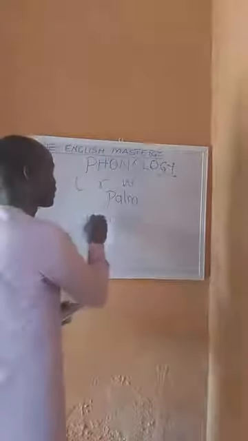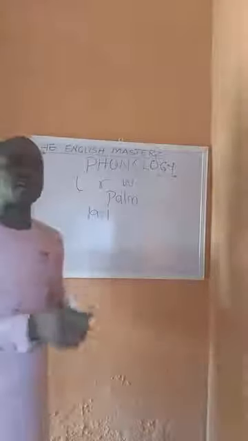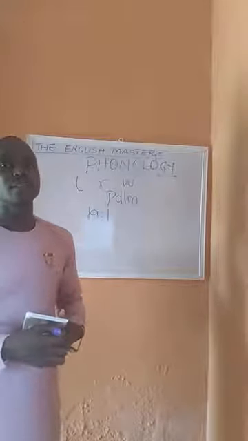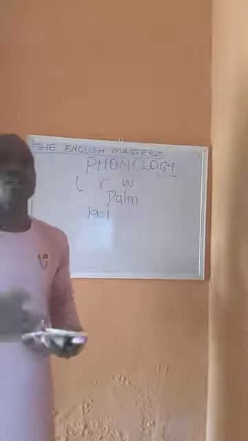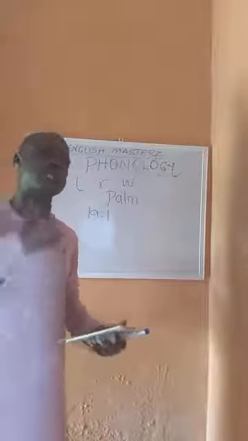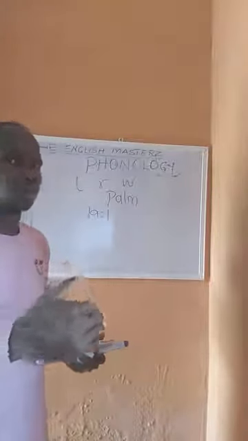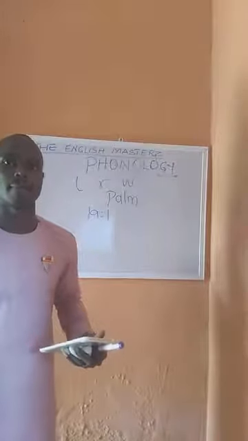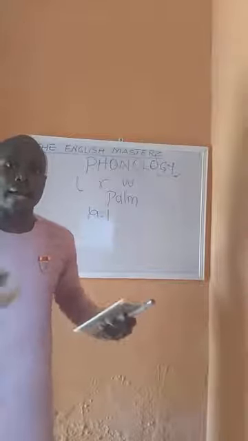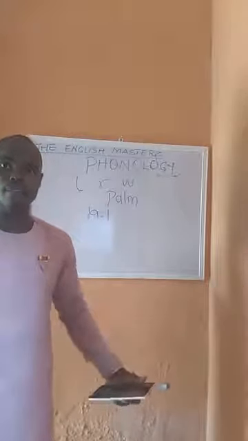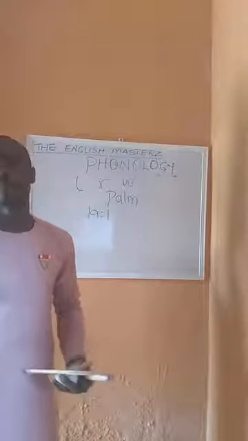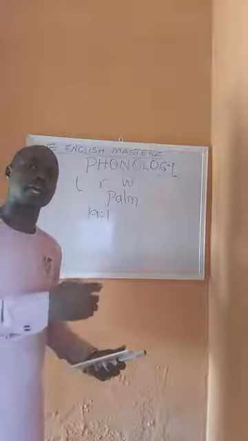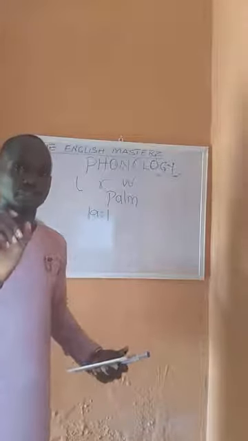And while pronouncing that word, the L is not pronounced. What it does is that it helps to stretch the sound from a short to a long sound. So that word is palm. Another word is calm, C-A-L-M. Did you see? So you see L appearing after A brings about caution.